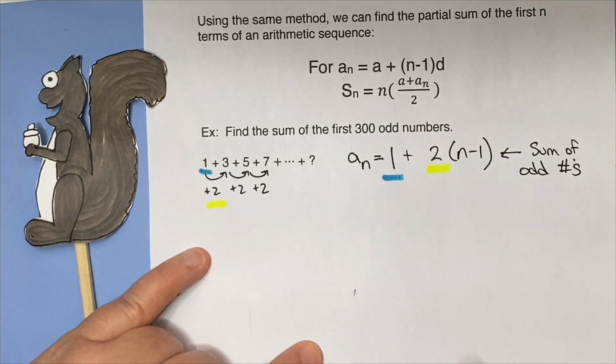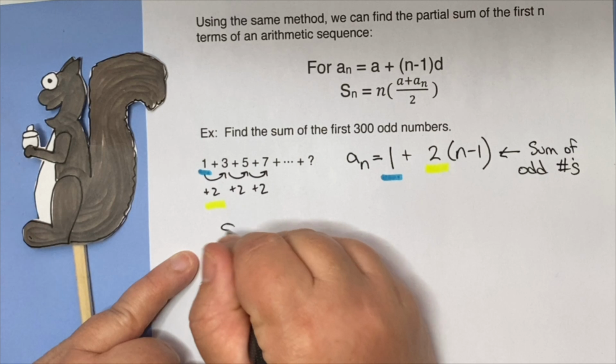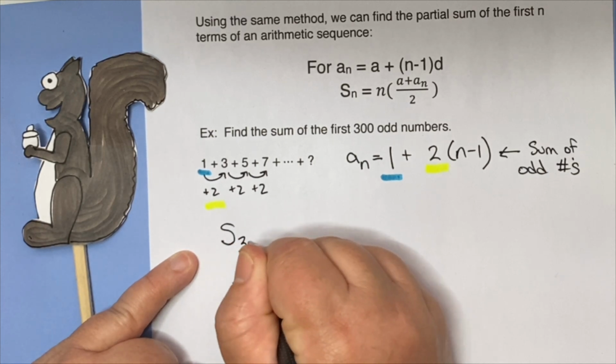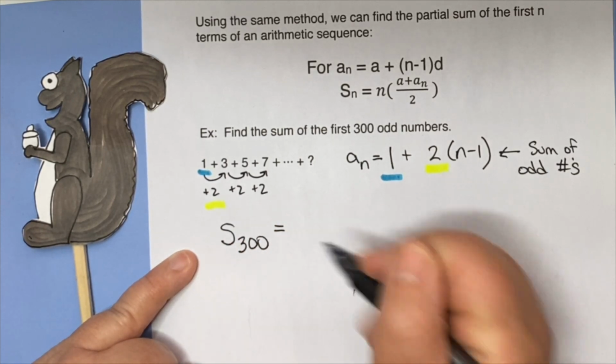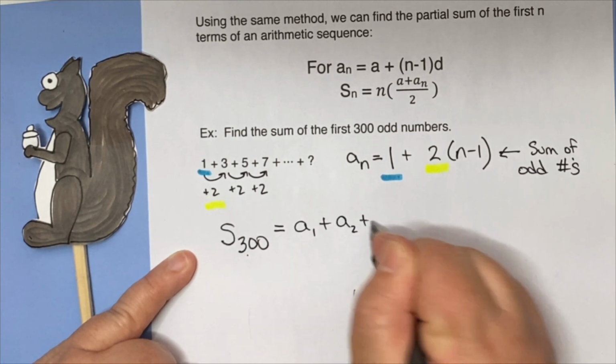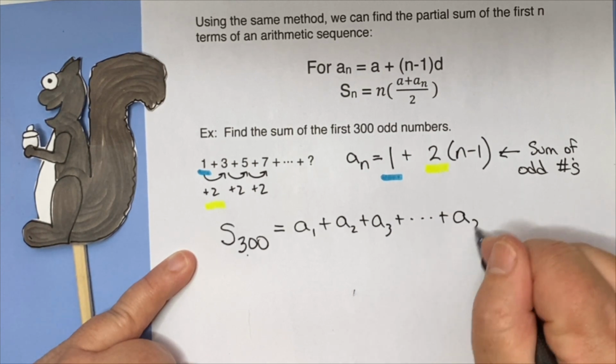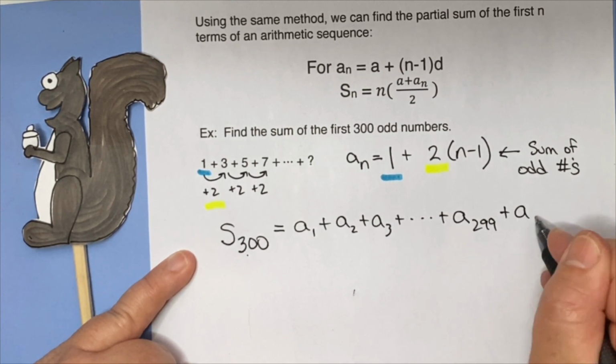Now, if I want to find the sum of the first 300 odd numbers, I want S300, the sum of the first 300. So I want A1 plus A2 plus A3 plus dot dot dot plus A299 plus A300.